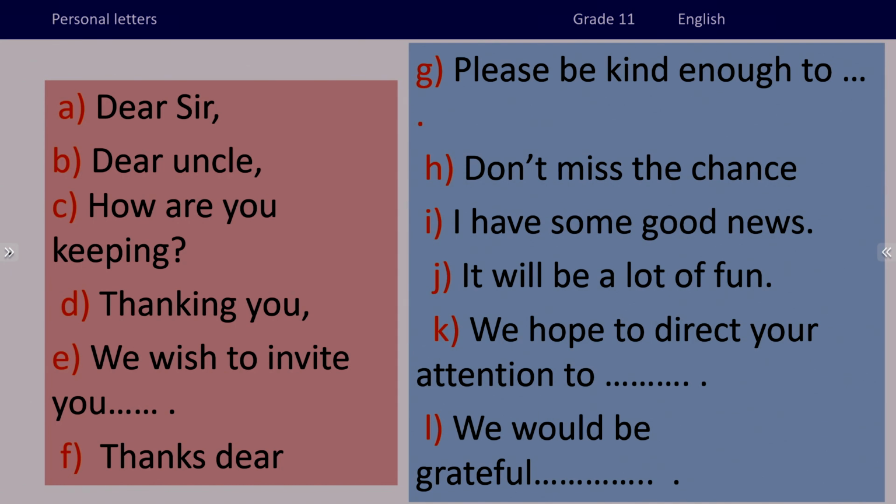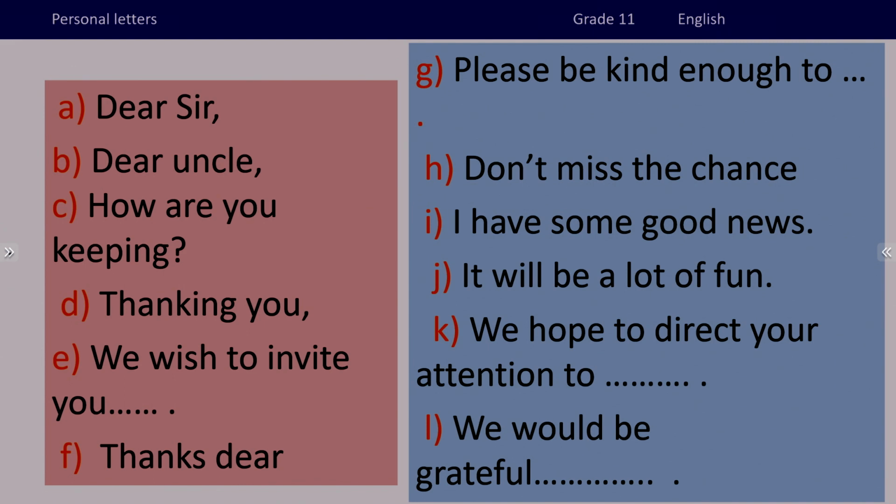See the sentence there. It is formal, so you write it in formal letters. Thanks dear, see the word dear, it's very informal, so you use it in informal letters or personal letters. Please be kind enough to, again you see the formality in the language, so you write it in formal letters or official letters.